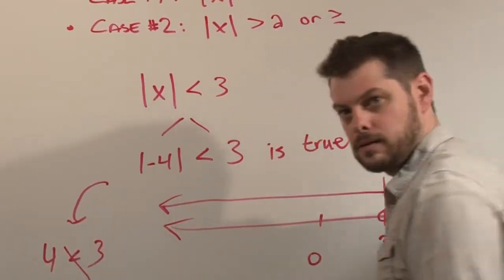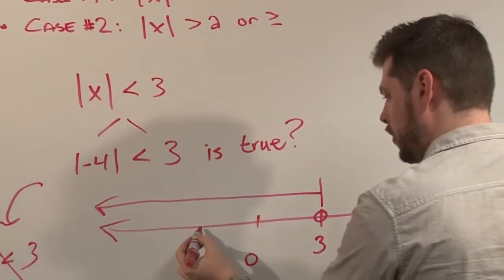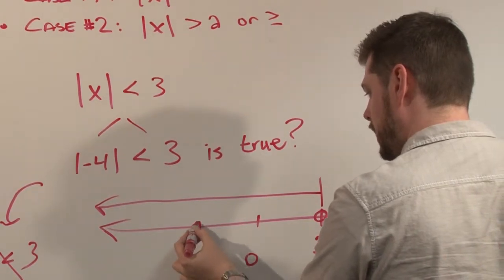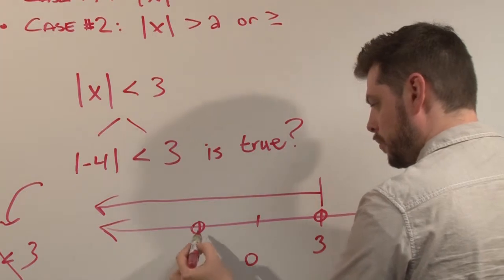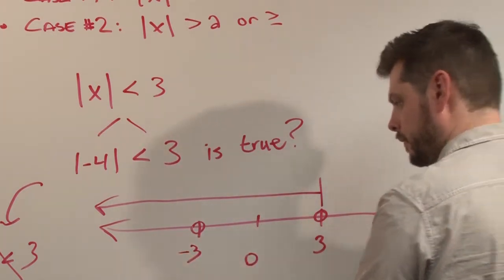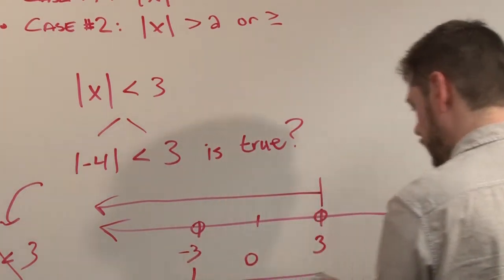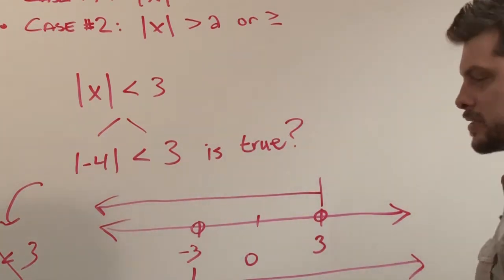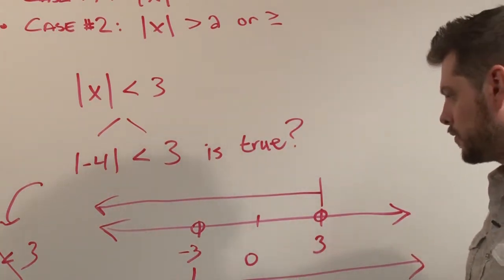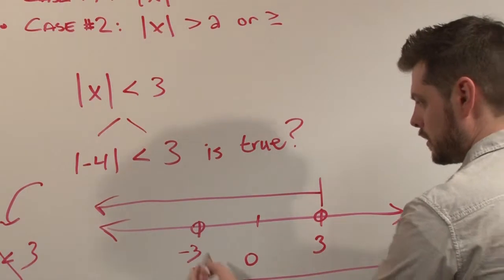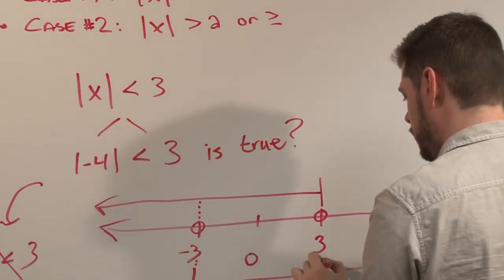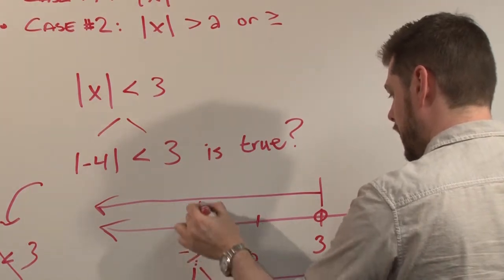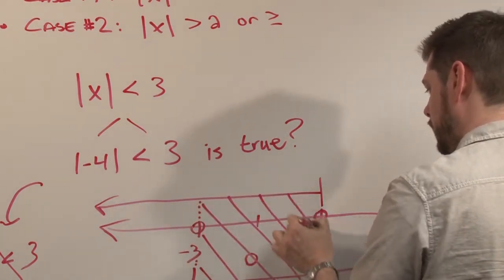No, it's not. So I'm bound on my left-hand side by numbers that are bigger than negative 3. So I have this interval here. And now I just have to combine these intervals in a way that makes sense. So all the numbers that are between negative 3 and positive 3 satisfy this inequality.